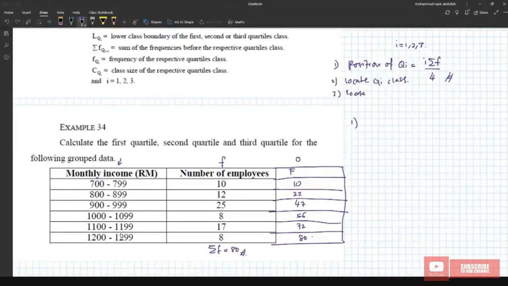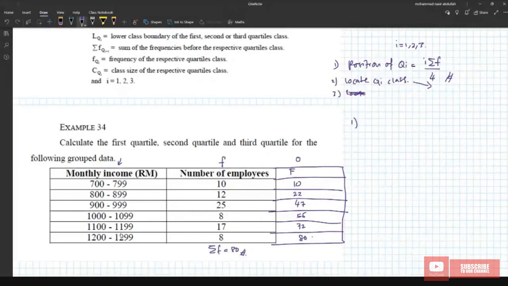So we need to locate the quartile I class. So the quartile I class should be where the cumulative frequency is equal to the position of quartile I or the next greater to the position of quartile I, right? And then if you have a class size, then we need to use a formula, right? Let's look at example number 34.